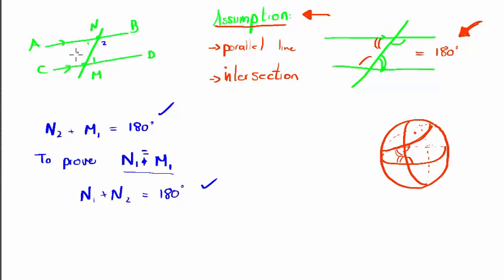Just using these two facts, the two with the tick marks, I can already prove that M1 is equal to N1. How? Alternate angles? No, that's what I want to prove. I want to prove alternate angles are equal, because I assumed it to prove that angles in a triangle add up to 180. That's just how you should think: just assume things are true and let's prove it.